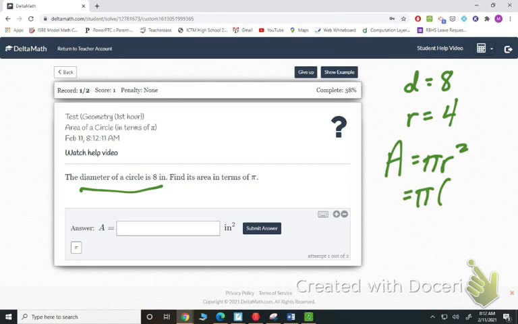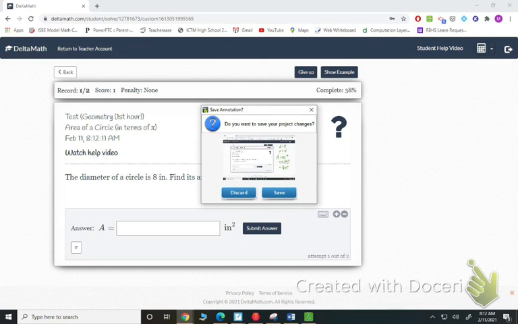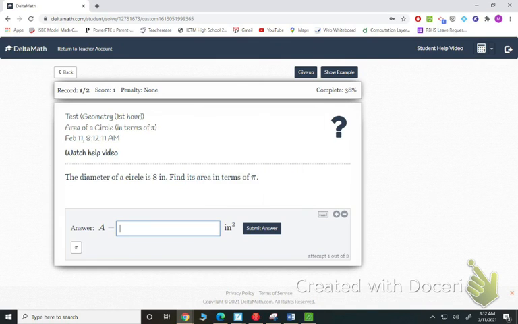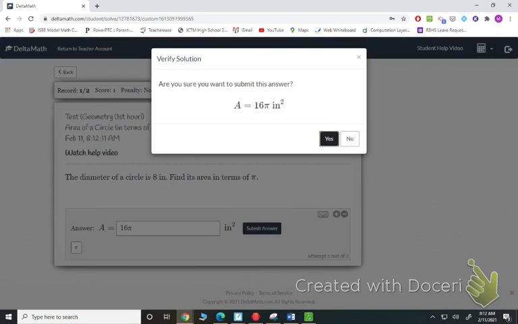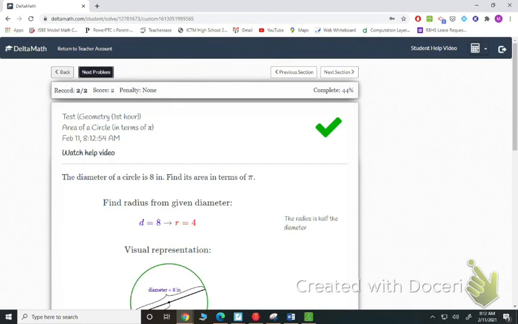We know the radius is 4. If I square 4, 4 times 4 is 16. So my answer would be 16 pi. So here where it says area, I'm going to type in 16, click the pi button and click submit answer. Yes, got the green check mark.